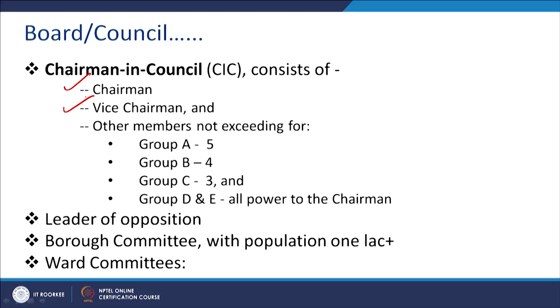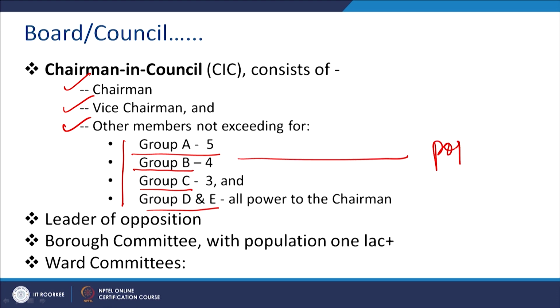Now, a typical chairman in council consists of the chairman, vice chairman, and other members not exceeding, for example, if it is group A, 5. In some municipal acts you will find a division into categories of group A, B, C, D and E, something like that. This division is done based on population, from large to small.